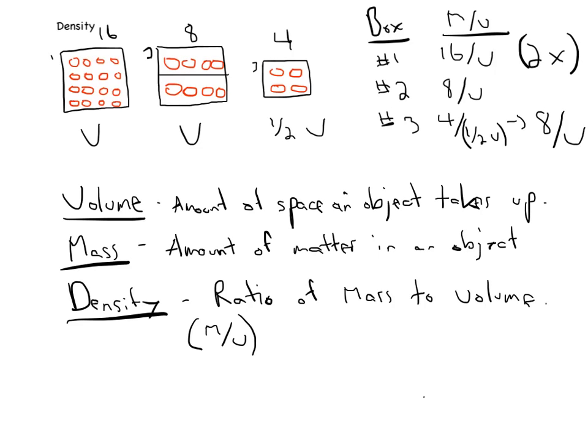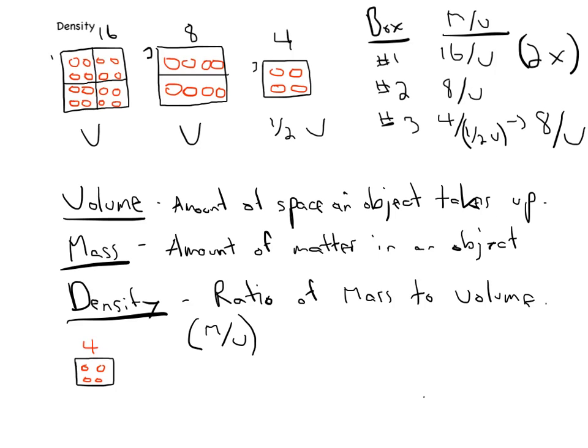Now, another interesting thing about density is if we were to take box 1 and cut it into 4. So I cut it into 4 pieces like you see here. And I'm going to come down here to the bottom, and let's just look at one chunk of box 1. One chunk would look like this, and it would have 4 particles inside. So the mass would be 4, but the volume for this would be what?